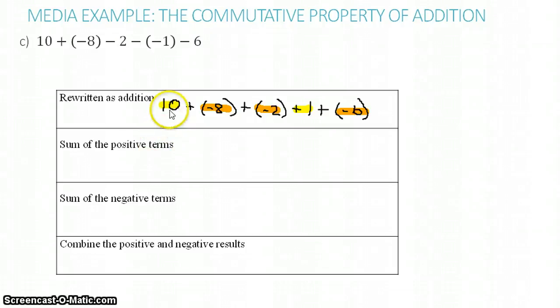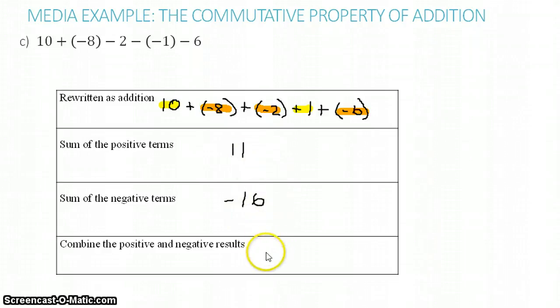So the sum of our positive terms, 10 and 1, is 11. And the sum of our negative terms, -8, -2, -6, well, their absolute values total 16, and they're all negative, so we have -16.